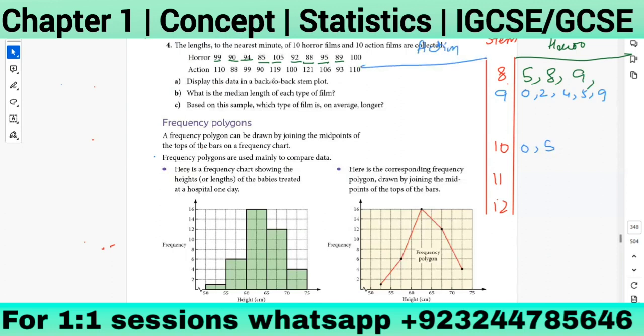For the action part, it's 110. I can start from here. It's 0. Then 88. Then 99. Then 90. Then 119. Then 100.